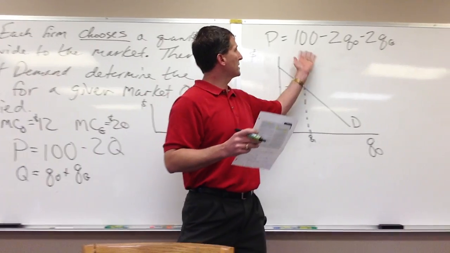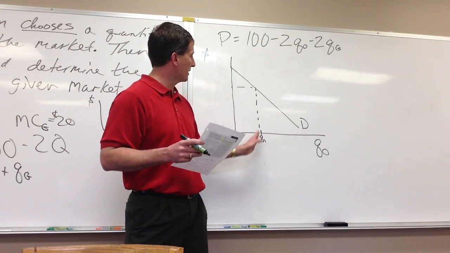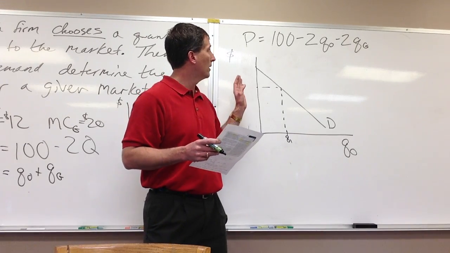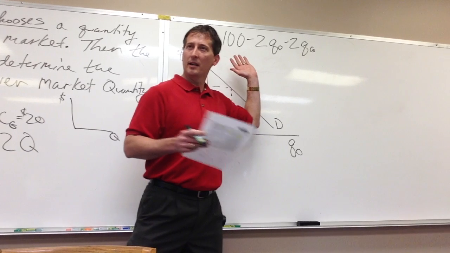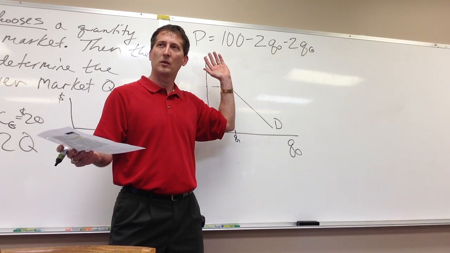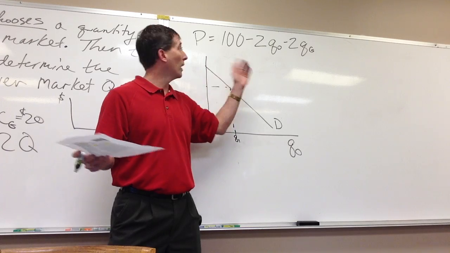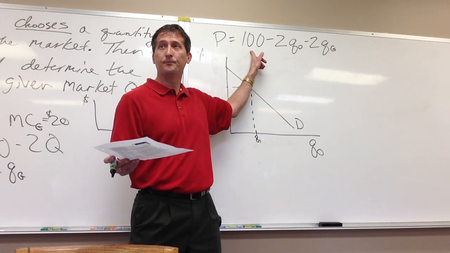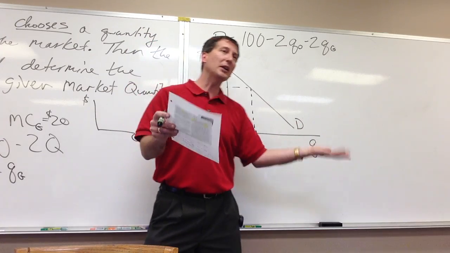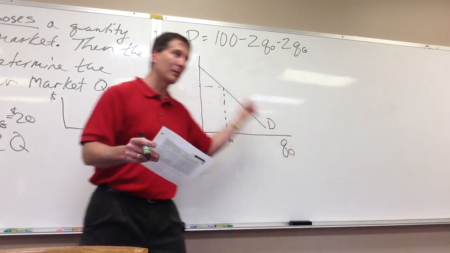Well, what's the missing link in order to be able to go up to this curve, hang a left, and read off a number? What do we need to know? We need to know what the choke price is? Well, we've got a choke price of 100. We've got to know what Grease Tech's production is, right? If we knew that, then we could solve it.